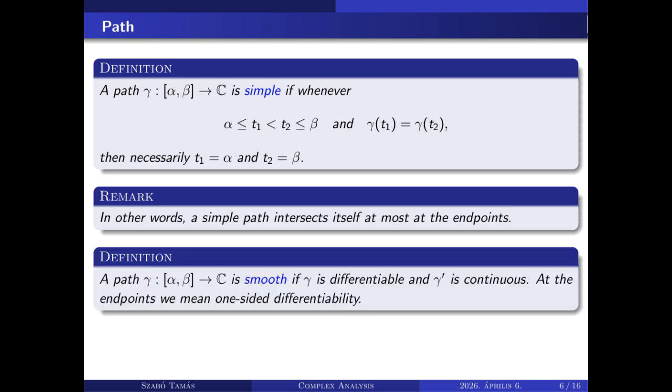A path gamma is called smooth if gamma is differentiable and gamma prime is continuous. At the endpoints, we mean one-sided differentiability.